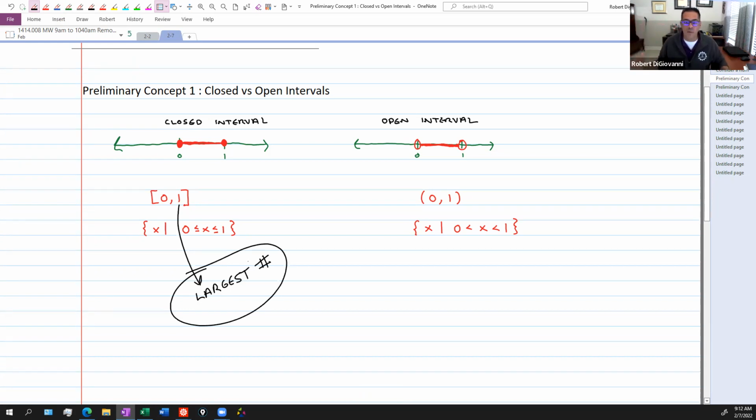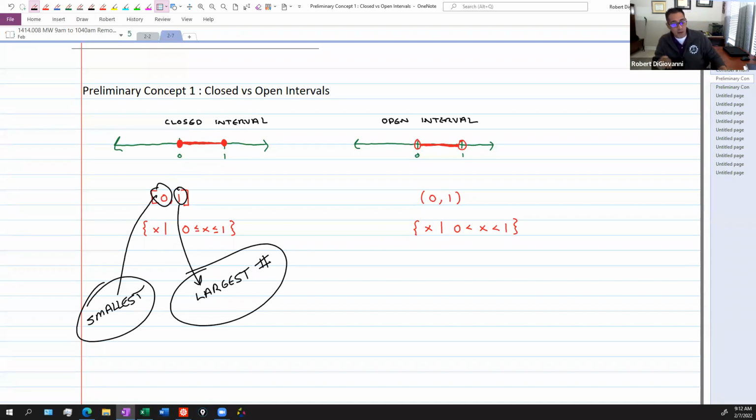There is no other number bigger than it. And the 0 is the smallest. So 1 is the largest and 0 is the smallest. With me?